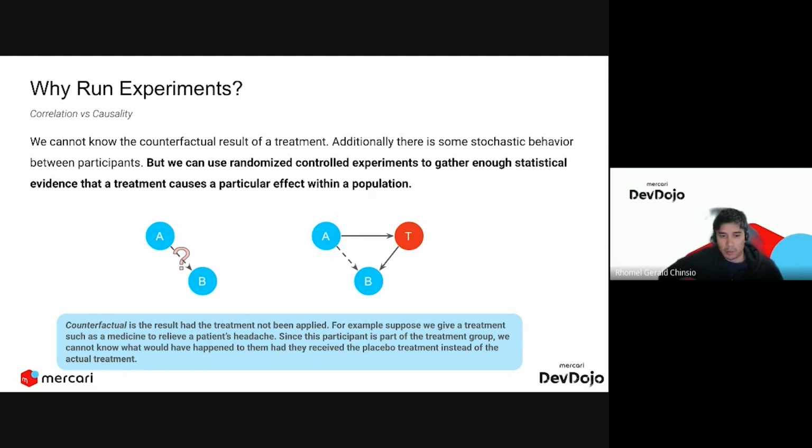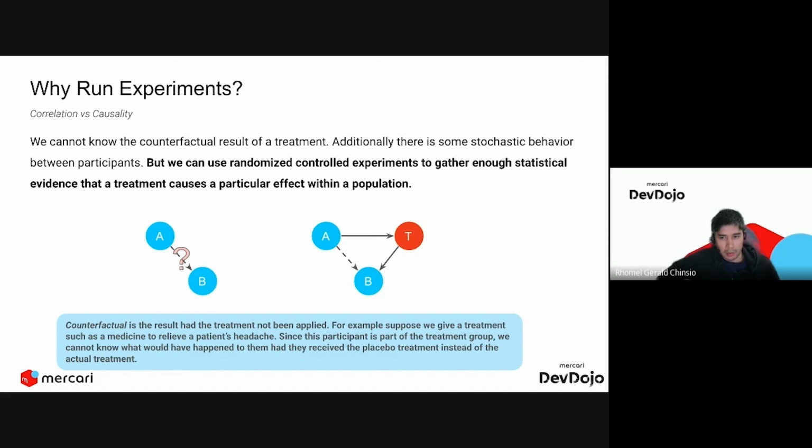What if we were to experiment with Google Meet? The first time you see a new feature, a new button, you're not going to unsee it. So you can't go back in time and ask the same person to imagine what they would feel like if they had not seen that button. That's the counterfactual. We cannot know that.